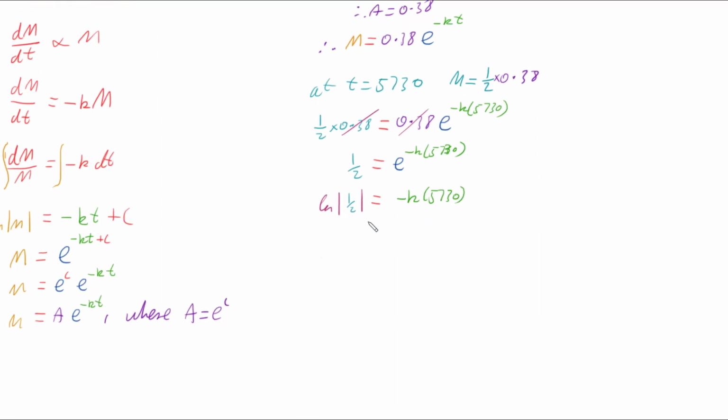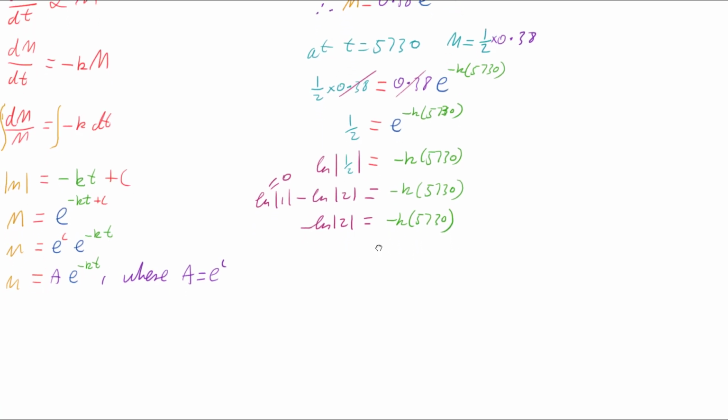Now if we play around with our log laws, when we have a division, that means I've got the natural log of 1 minus the natural log of 2, equaling negative k times 5,730. And the natural log of 1, well, that's equal to 0. So we've got negative ln of 2 equals negative k times 5,730.